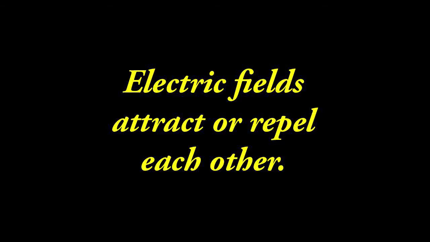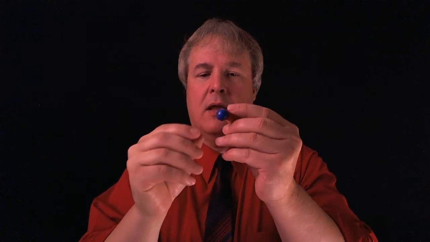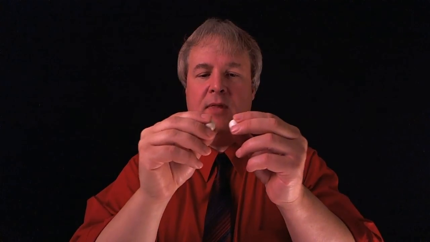Remember, electric fields can attract or repel each other. So in this case, imagine this is a positive and this is a negative, and they're coming close to each other. They would attract. Imagine these 2 particles have the same electric field, and when they come close to each other, they repel each other.